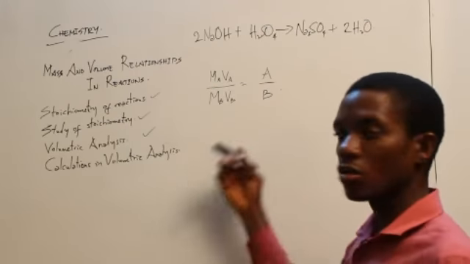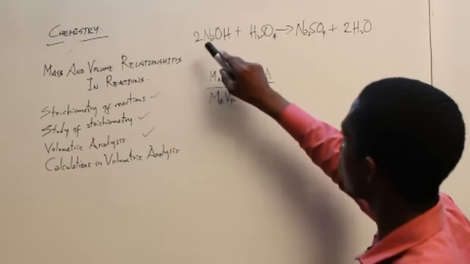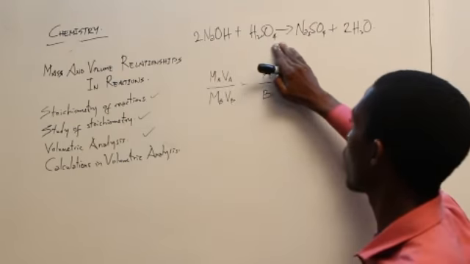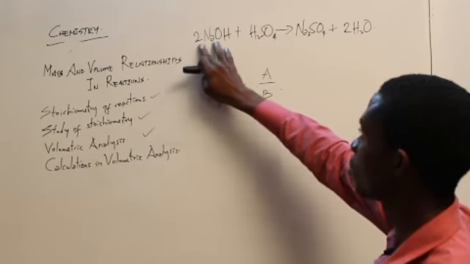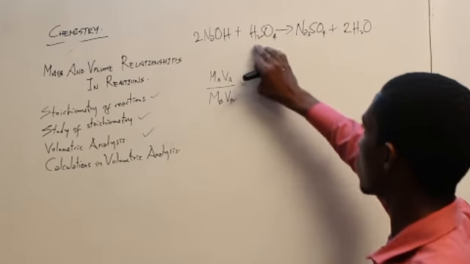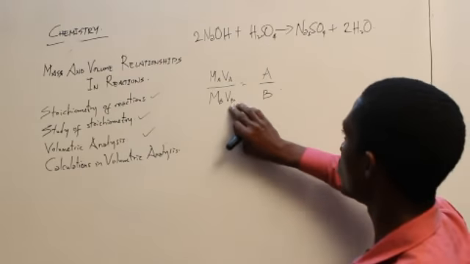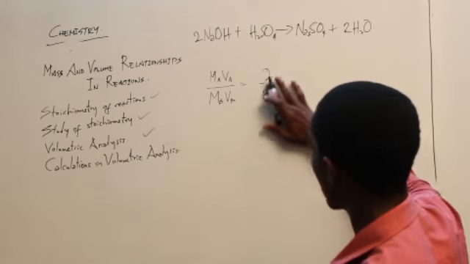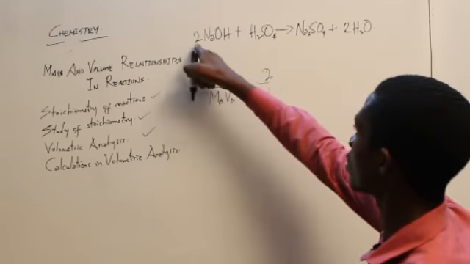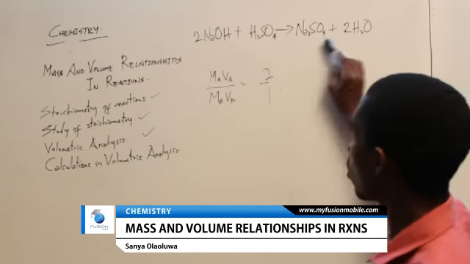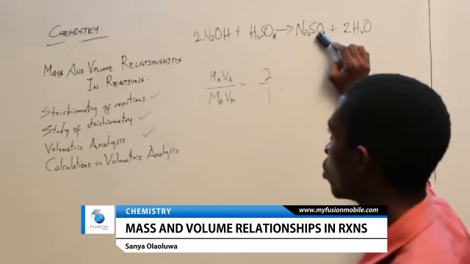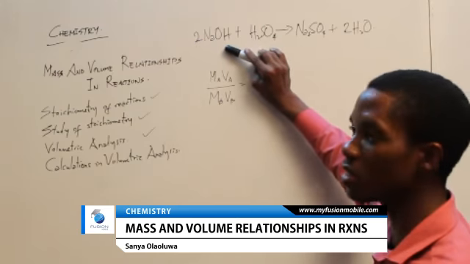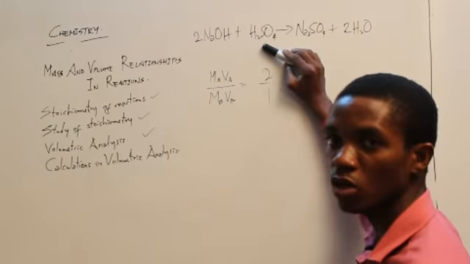So, from this expression, if this is to be our A and this is to be our B, and we have considered the molarity and volume of A and the molarity and volume of B, then our A here will be 2 and our B here would be 1, because according to the chemical equation on the board, 2 moles of the base are required to react with 1 mole of the acid.